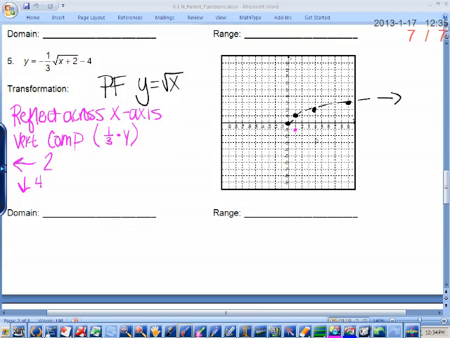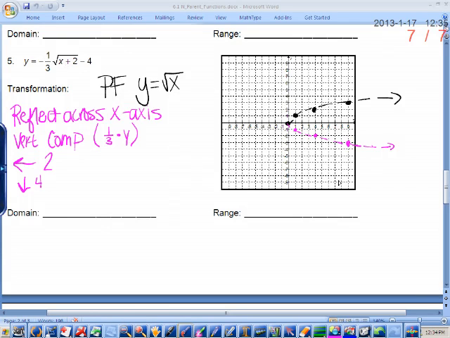You absolutely don't have to do this, but it's helpful so that you know at the end you've at least ended up with the right shape. You reflect across the x-axis because of this negative out in the front. And a negative out in front affects your y values, which makes you reflect across x.